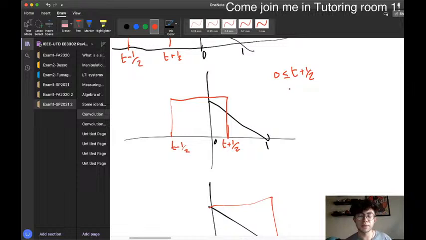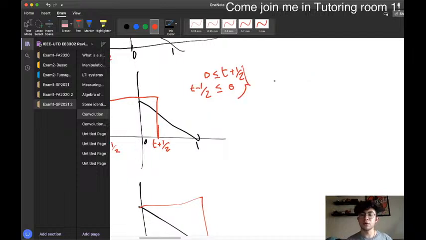We have the inequality that comes from the left one, and this is to the left, so 0 is less than t minus 1/2. So if we combine those two, this means that 0 is less than t plus 1/2, and is greater than t minus 1/2.